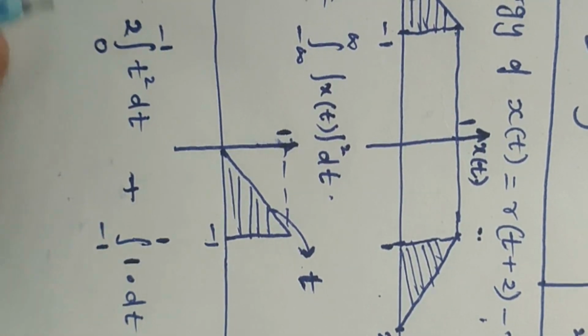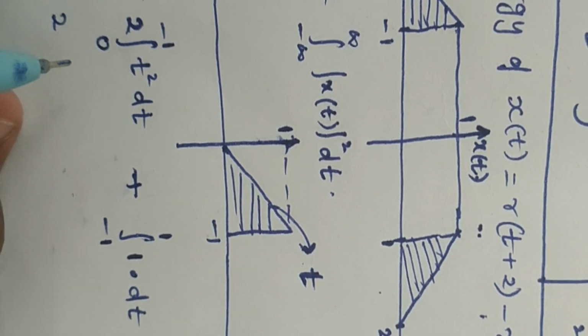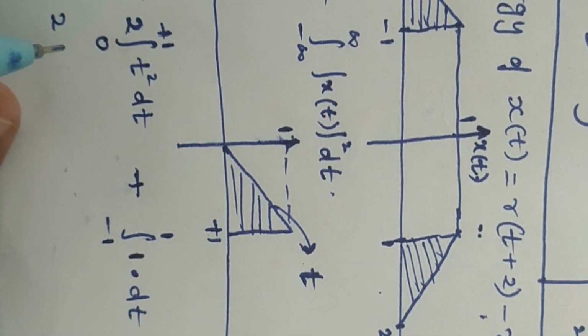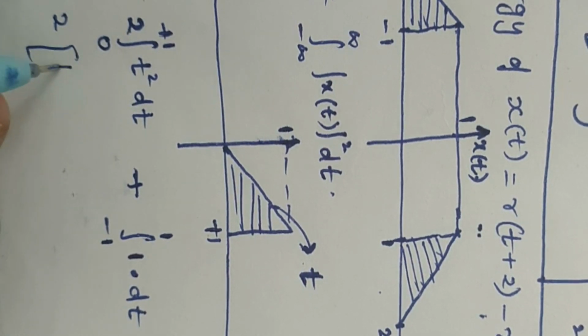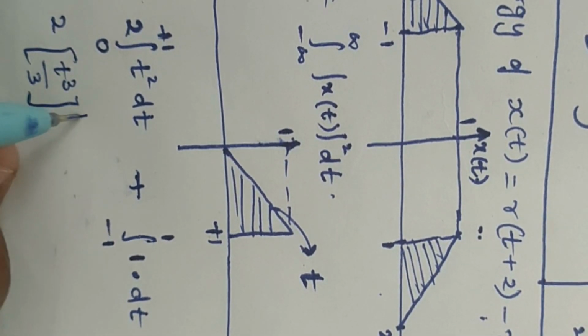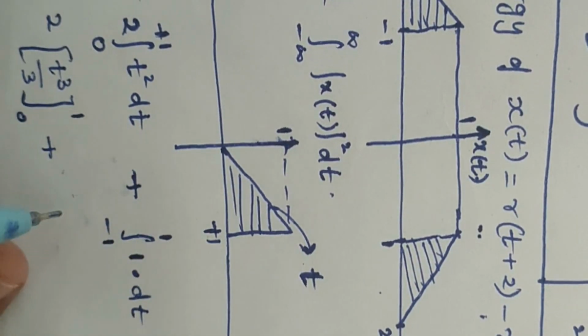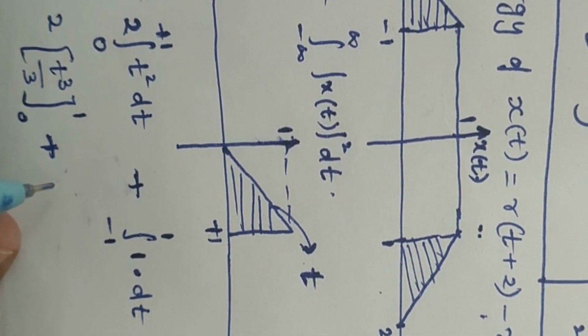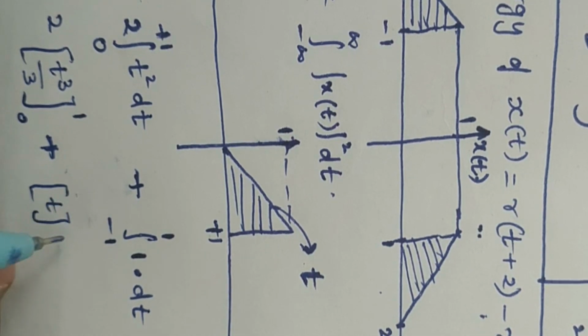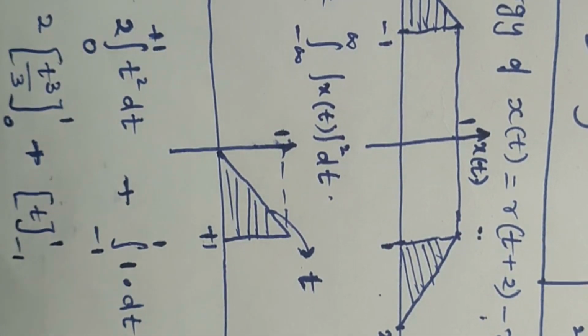You will get it as 2 times t cube by 3, with limits from 0 to 1, plus t, where the limits are 1 and minus 1.